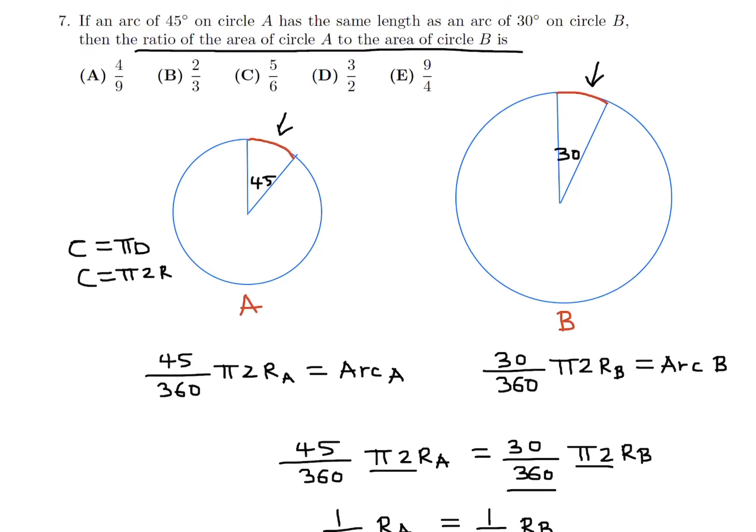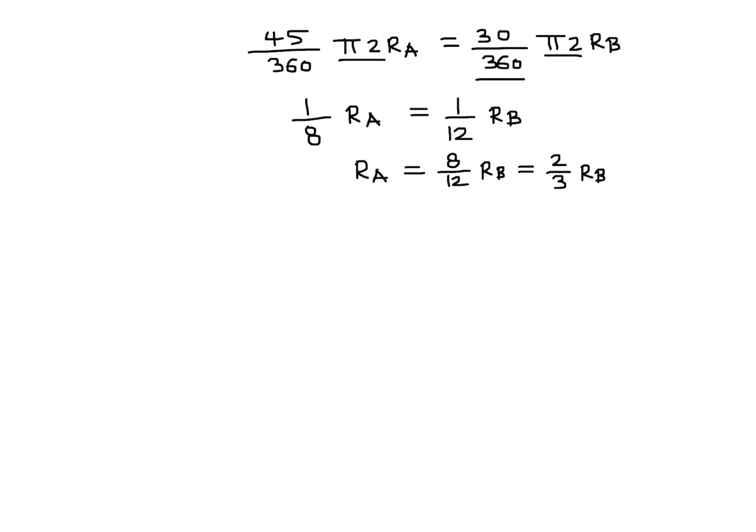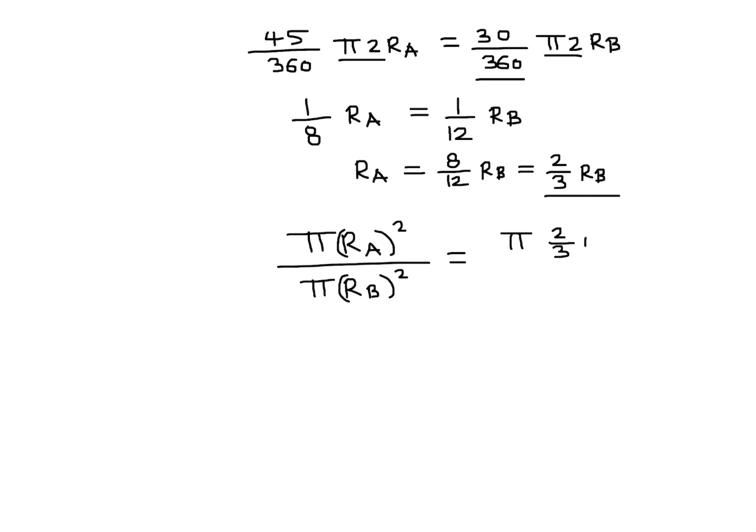Area of circle A over area of circle B. So the area of circle A, of course, will be pi RA squared, and the area of circle B is pi RB squared. So pi RA is basically 2 over 3 RB squared, all over pi RB squared, like that.